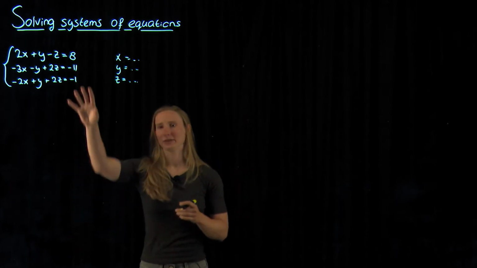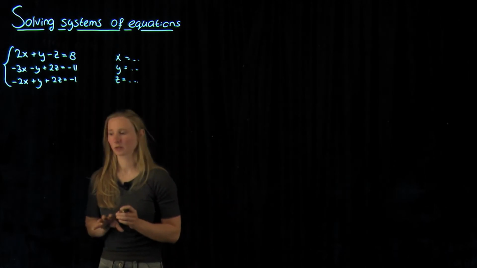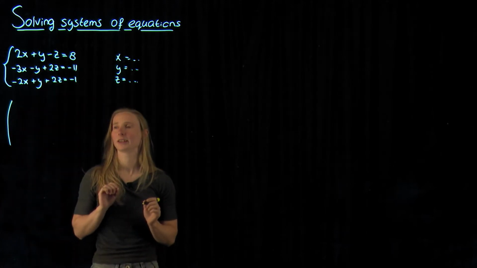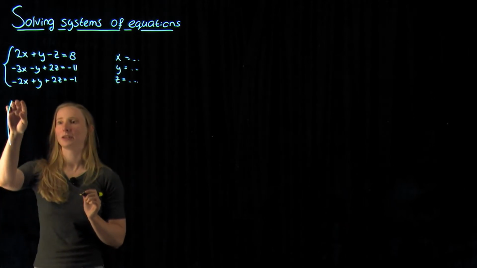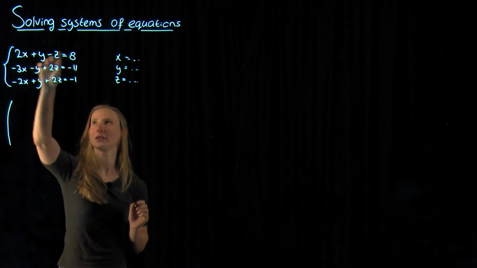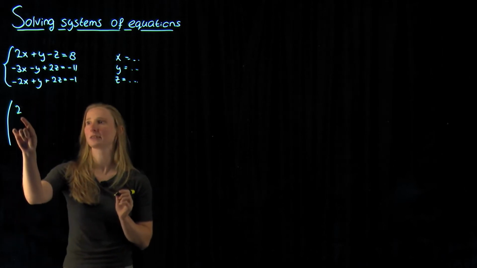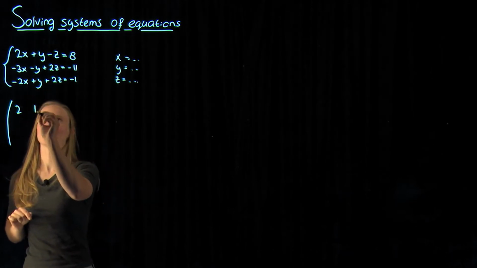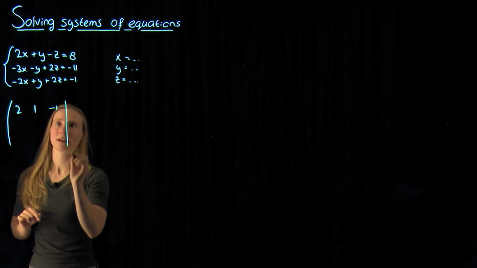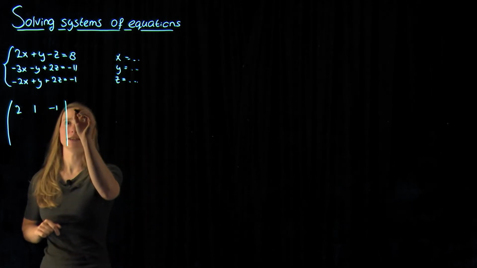Because writing down these equations in each step would take a lot of work, we came up with a shorter notation, so we can use a matrix to denote exactly these equations. In the first row we will have the first equation, and the first column denotes the number for x. So we have 2 times x, 1 times y, minus 1 times z, and then separately we have an augmented matrix, with this 8 here.